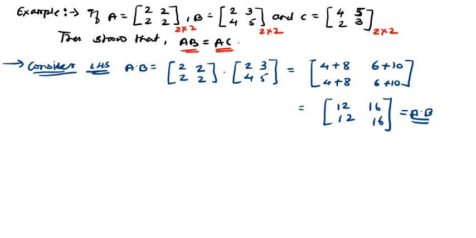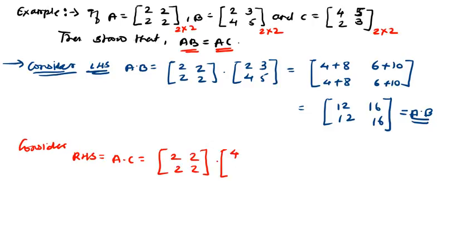Now consider the RHS. RHS is A into C. So A is 2 4, 2 4, then the matrix C is 4 2, 5 3. Now take the multiplication.